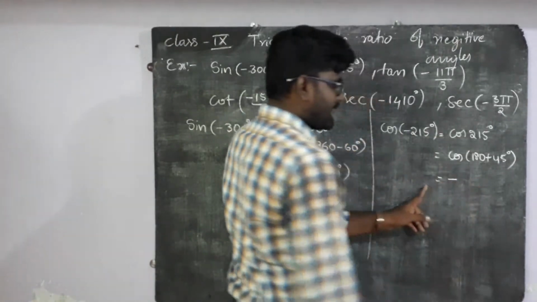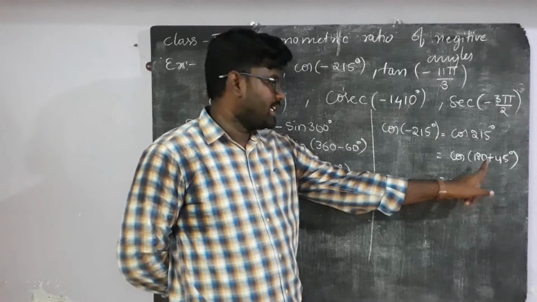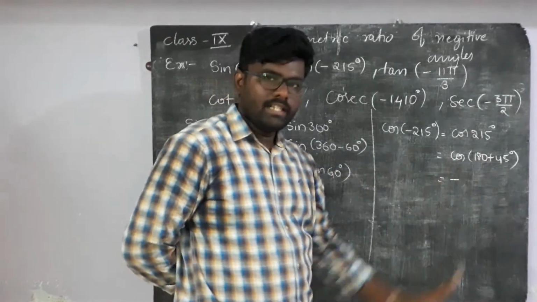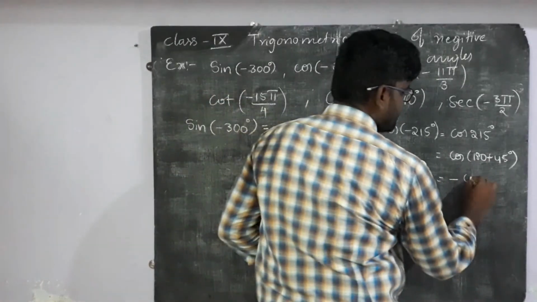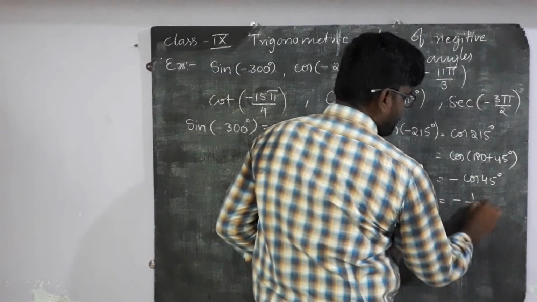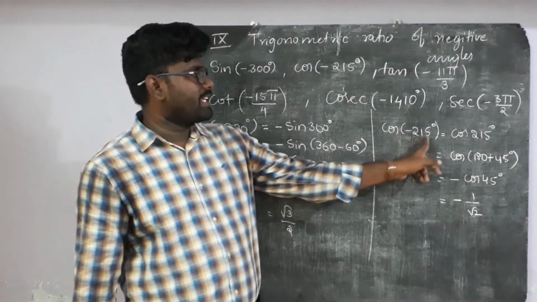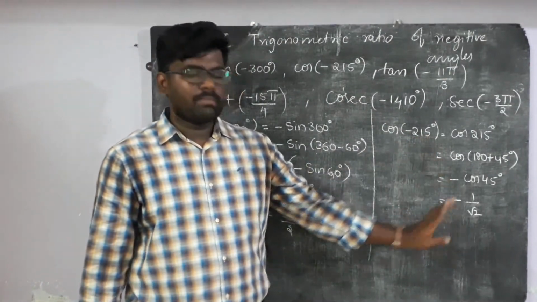That means we are getting a negative answer. 180 is an even multiple of 90, so the trigonometric function doesn't change. That means cos 45, and cos 45 value is 1 by root 2. That means minus 1 by root 2. Cos minus 215 value is minus 1 by root 2.